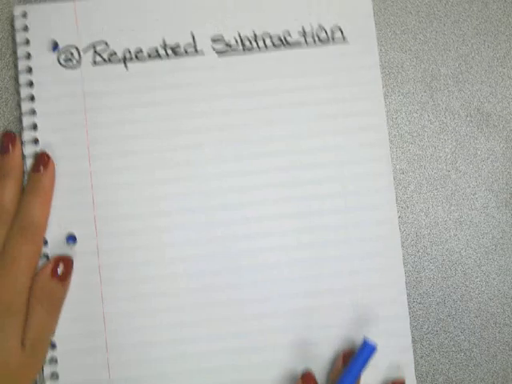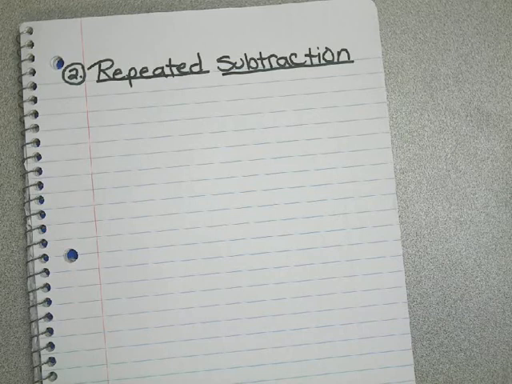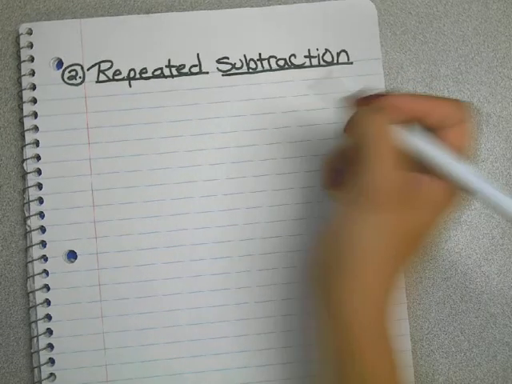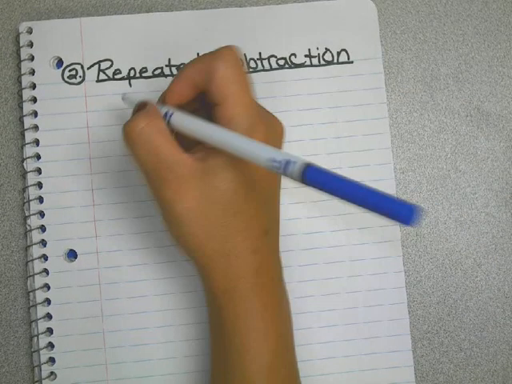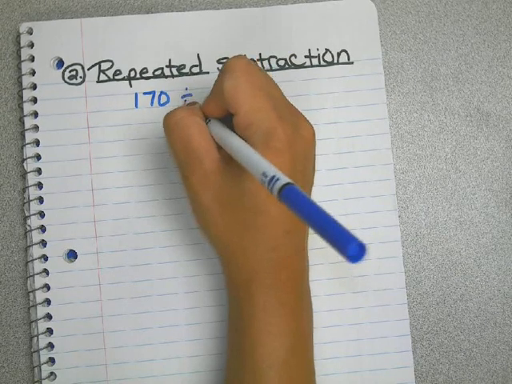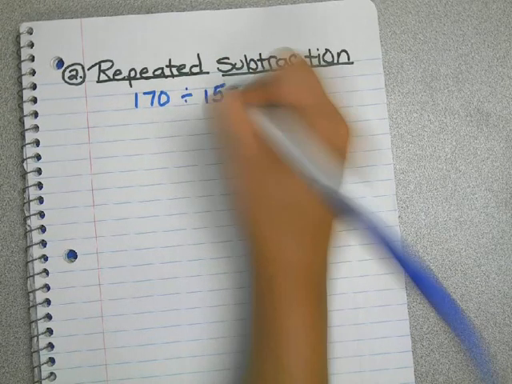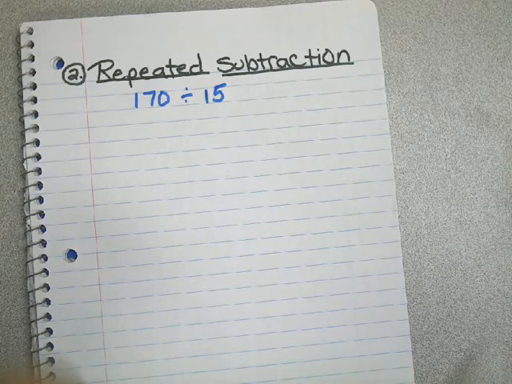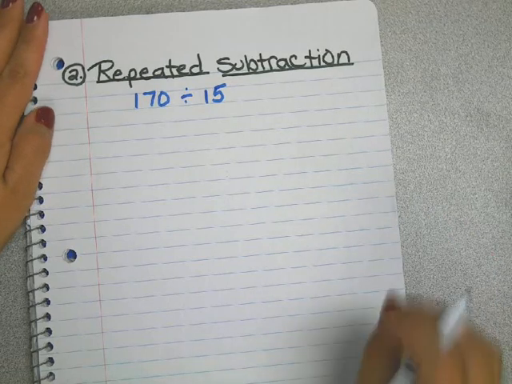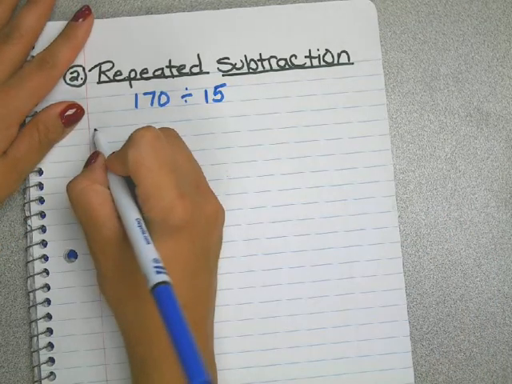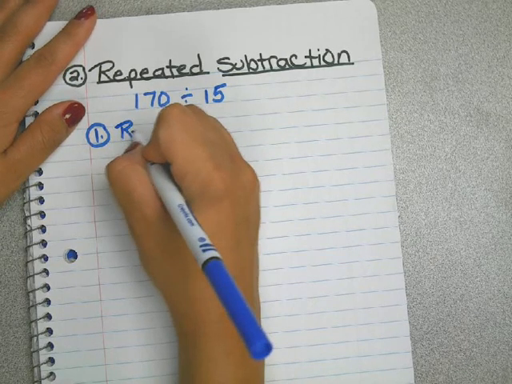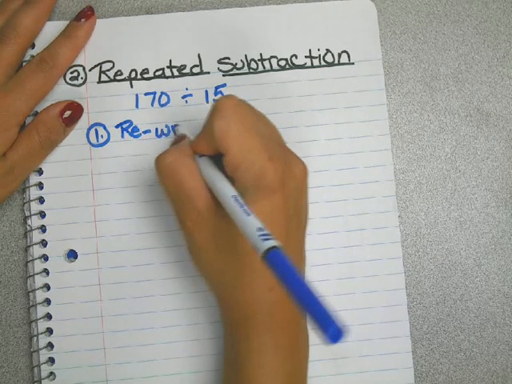Alright, repeated subtraction. So earlier we did an example where it was actually 170 divided by 15. So the first step with repeated subtraction is I rewrite the problem like this.